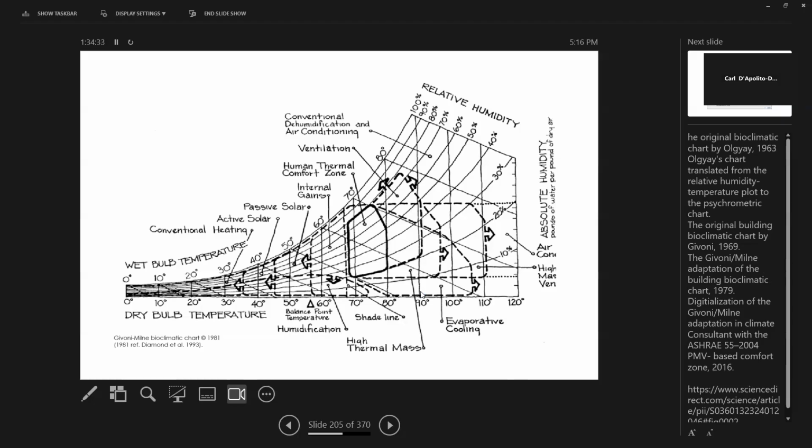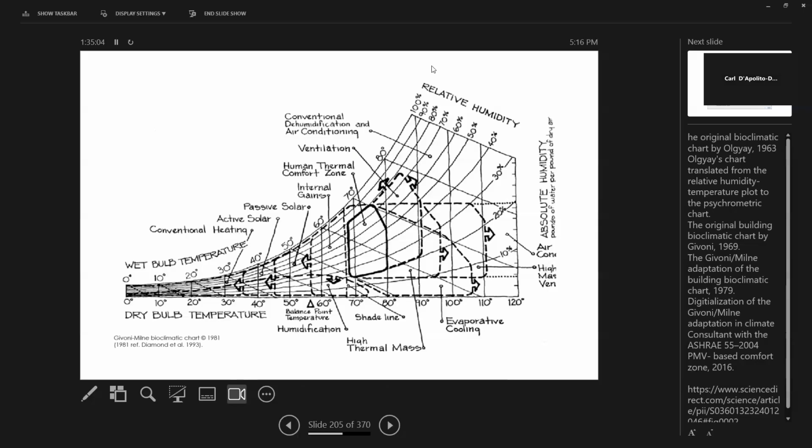Giovanni in 1969 took Victor Olgay's ideas and applied them to the original psychrometric chart, and then they kept updating it and adding more things to it. All these regions are just this dude's interpretation based on available data for when you would be comfortable. So you just plot a point, refer to Giovanni, and find out whether or not you're comfortable.